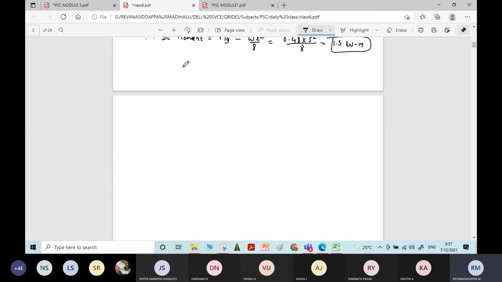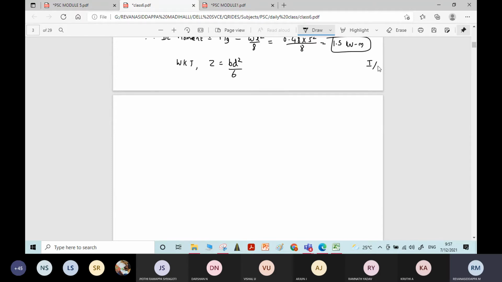So to find the stress due to self-weight, M by Z is the formula. Now you are supposed to calculate Z, the section modulus. To calculate section modulus you need moment of inertia, correct? We know that Z is equal to, or else you can directly use the formula for rectangle, bd square by 6.